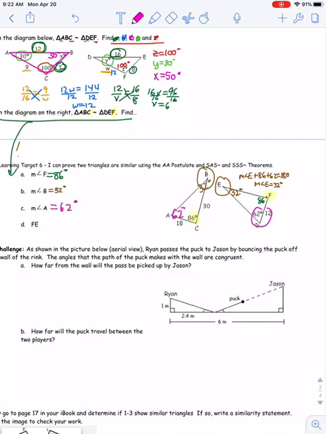And then this last one, we have to find the length of FE. So again, I had 18 and 30 on this left-hand triangle, so I'm just going to do 18 over 30. Well, what corresponds to 18 on the other triangle? That's 12. And then FE corresponds to 30, so that has to be in the denominator.